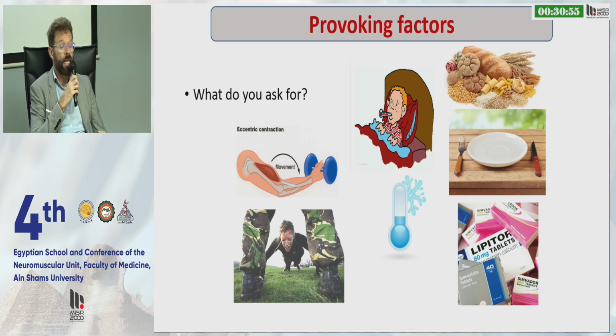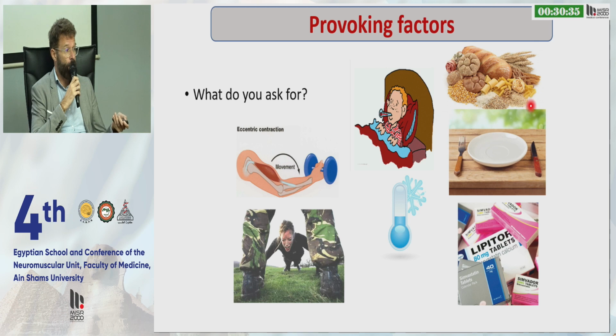And then something that is important to check for is the provoking factor. So do these problems happen, for example, associated with fever or intercritical condition, with the cold, for example the paralysis or the myotonic phenomenon that are triggered by cold?